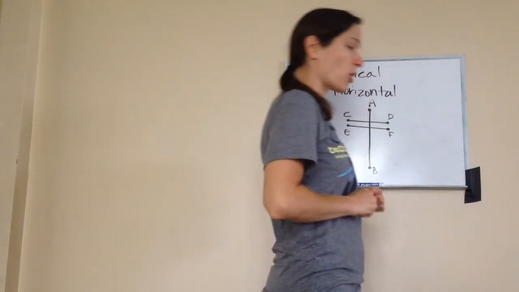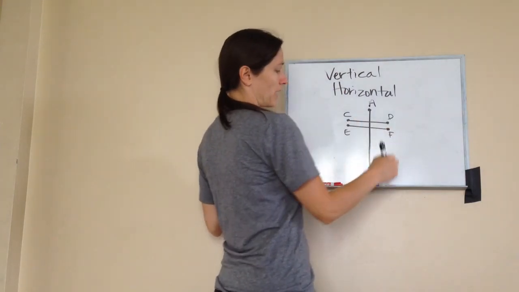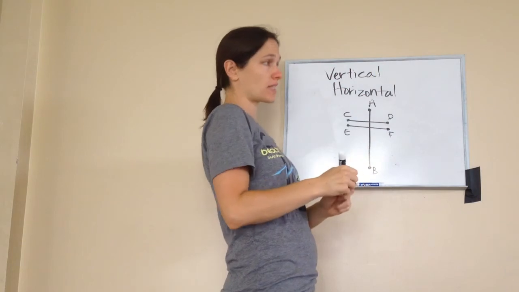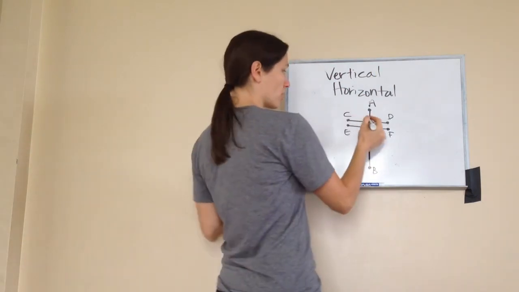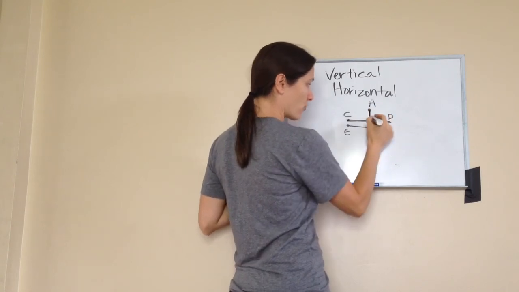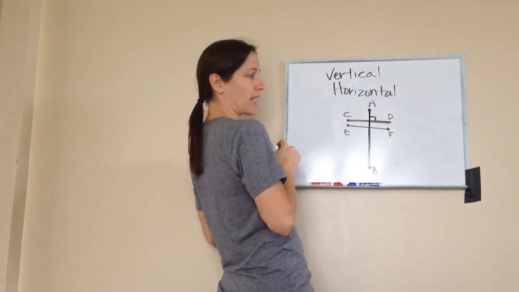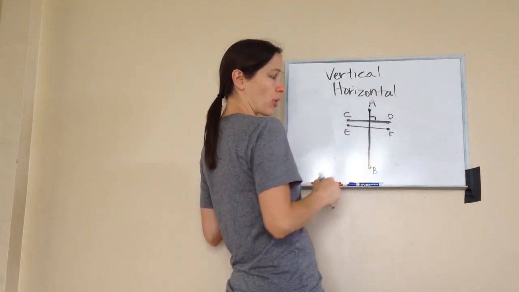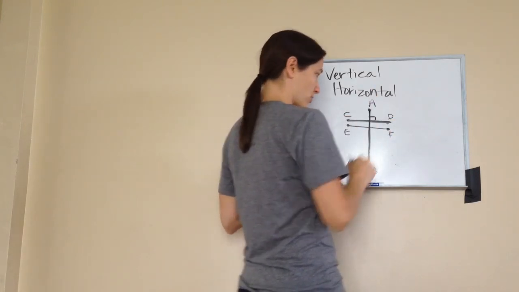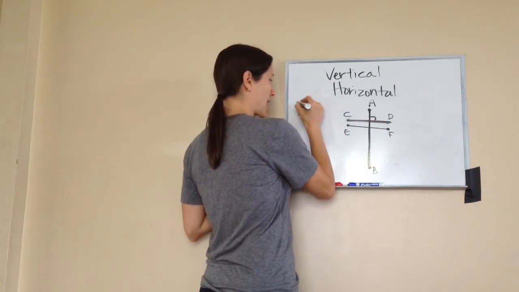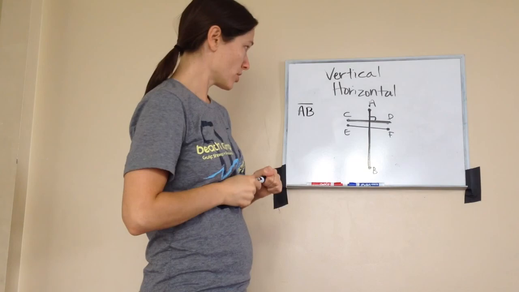So a segment that is perpendicular to CD would be one that is crossing it and forms a perfect 90-degree angle. As you can see, this is CD and this AB forms a perfect 90-degree angle. So therefore, these lines right here, CD and AB, are perpendicular lines. And so your answer would be segment AB is perpendicular to segment CD. Thank you.